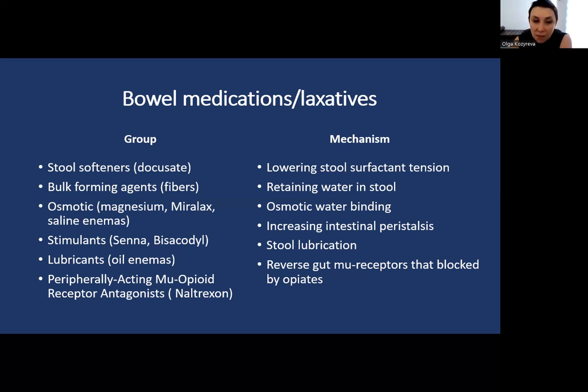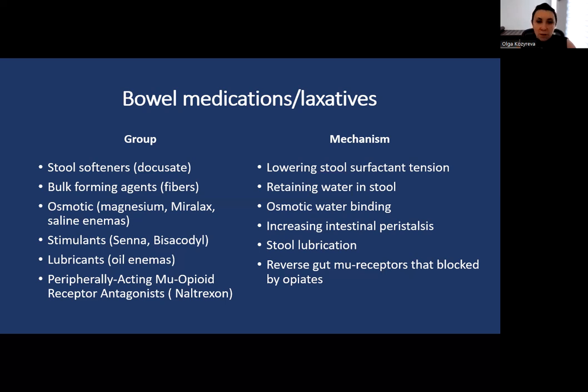And another class we use sometimes, not too much, is a peripherally acting mu-opioid receptor antagonist. As you know, we have mu receptors everywhere in our body, of different types, and peripheral mu receptors are located in our intestine, and when a patient takes opiates, peripheral mu receptors are blocked by opiates. This is the mechanism of opiate-induced constipation, and we have medications that unblock peripheral mu receptors. The medication is called naltrexone or Relistor.